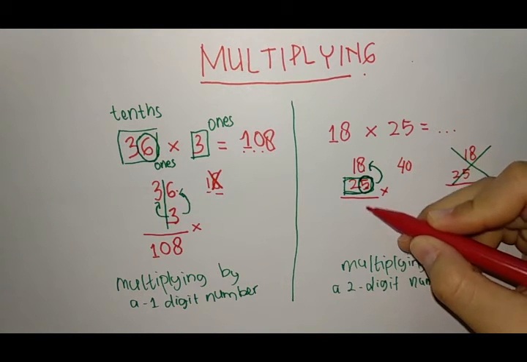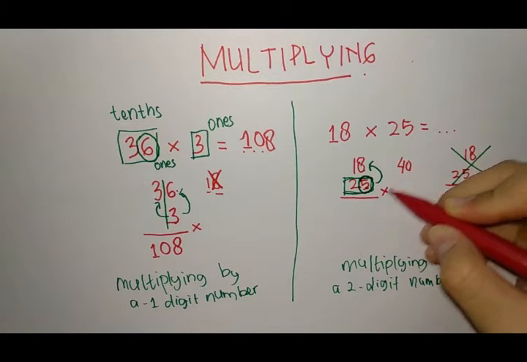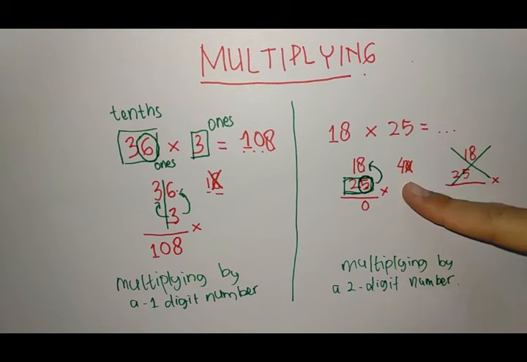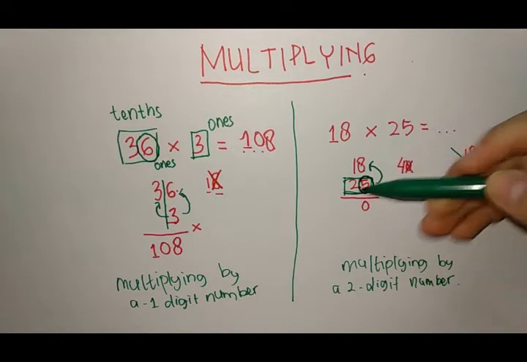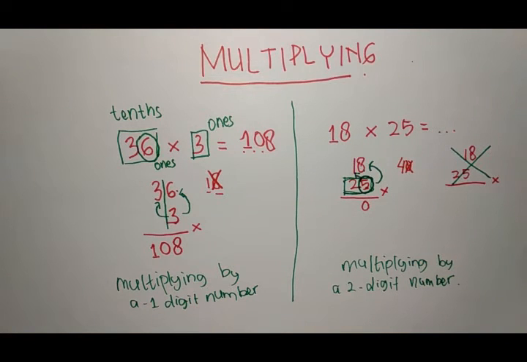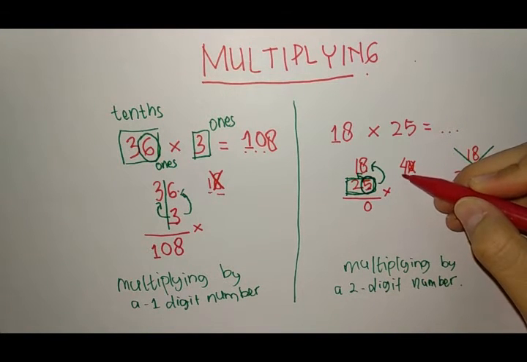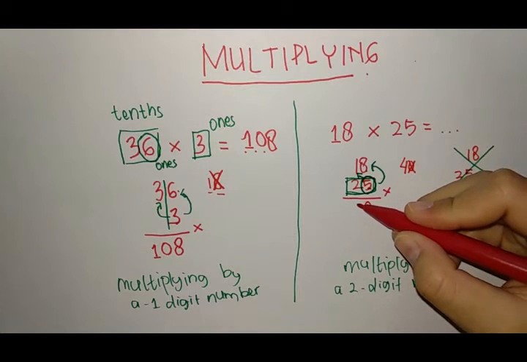But this is the ones position, so we have to place 0 here. Good. Erase 0, and we still have 4. And then after we multiply 5 by 8, we multiply 5 by 1. Okay. 5 times 1 equals 5. And then don't forget to add 4. So 5 plus 4 equals 9.